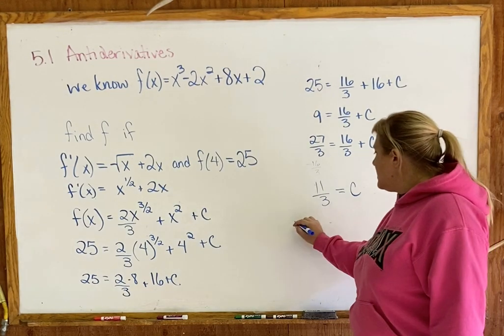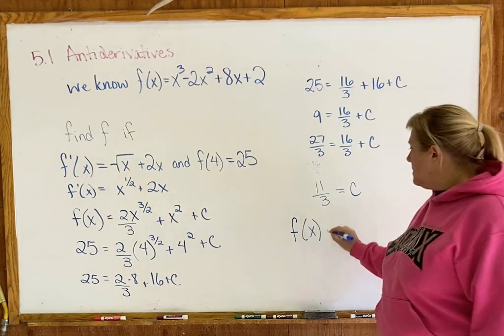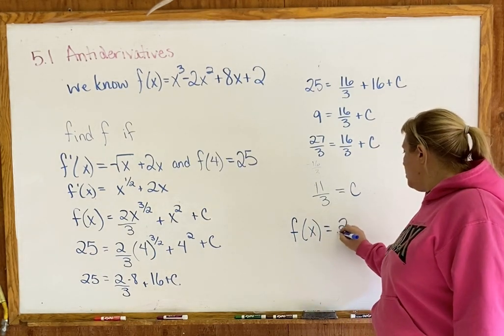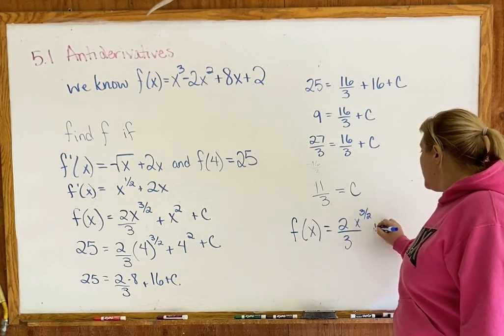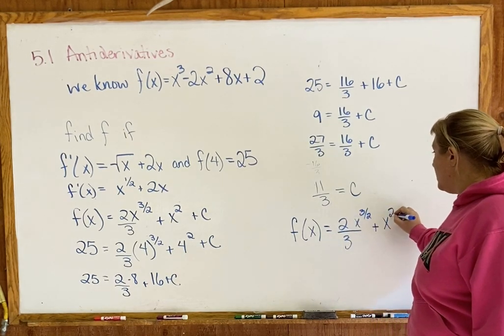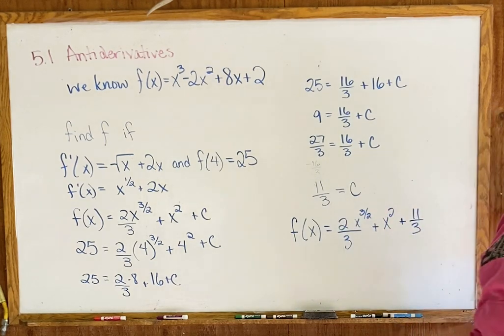So we can now say that our actual function is going to be 2 thirds x to the 3 halves plus x squared, and then it's going to have a plus 11 thirds hanging on the end. Alrighty.